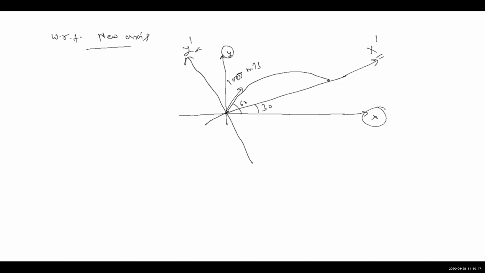So in future, whenever you decide to change the axis, you can. It's up to you. But if you change the axis, you have to calculate each and every component along the new axis.